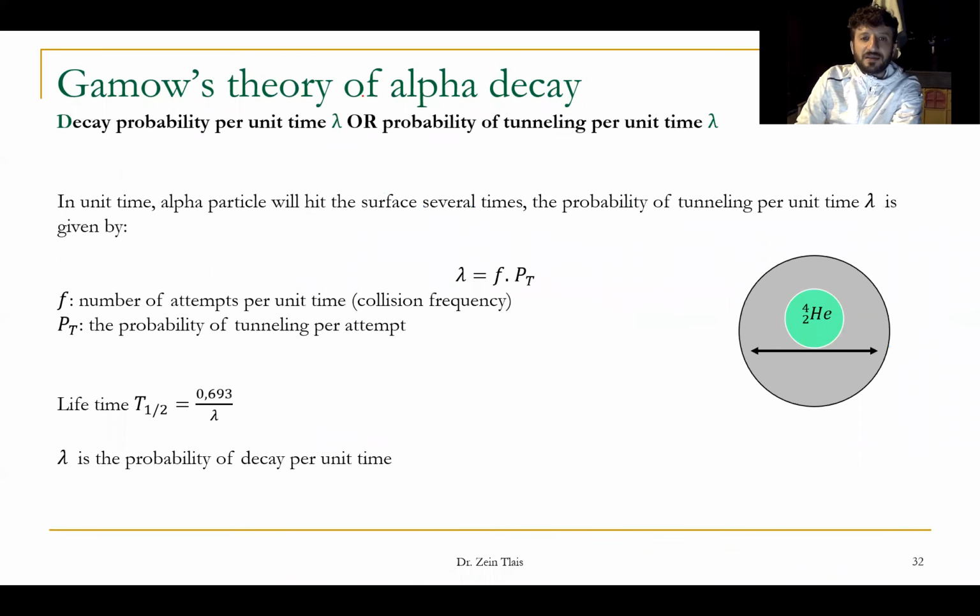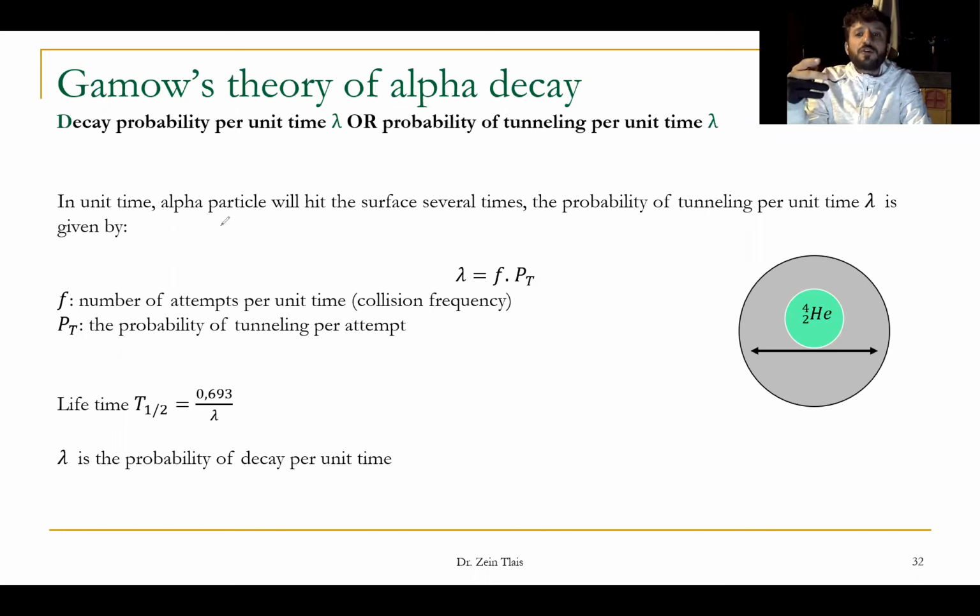Now we go to the second term, the decay probability per unit time, lambda. Lambda is called the decay rate, or decay constant, or the decay probability per unit time. For each unit time, for example 1 second, 2 seconds, the alpha particle will hit the surface several times.